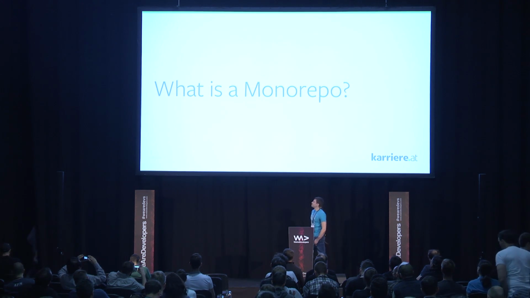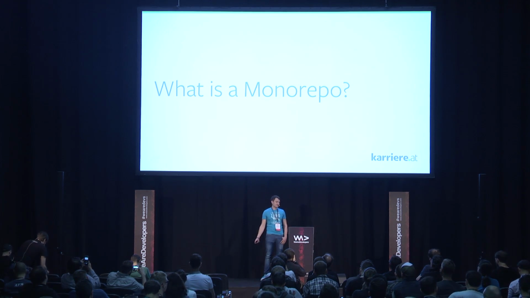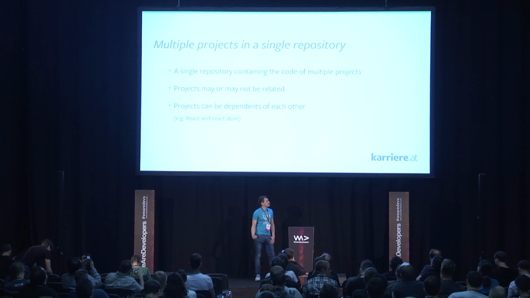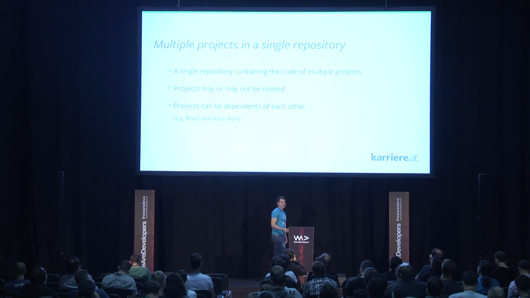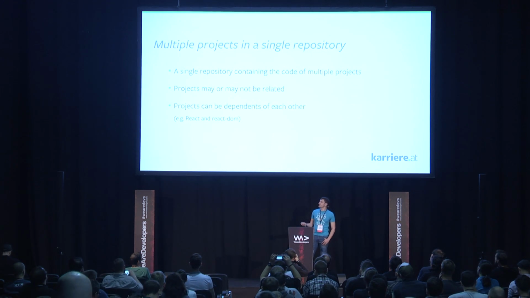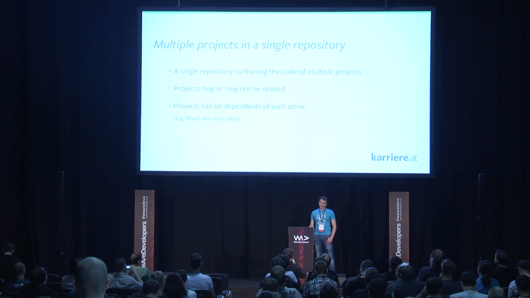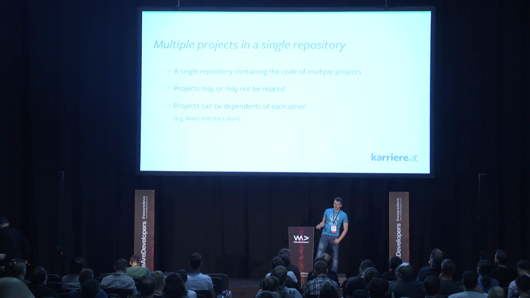So first of all, let's start with the question, what actually is a monorepo? Very broadly speaking, a monorepo is a single repository containing the code of multiple projects. Those projects may be related, but they also can be completely unrelated.